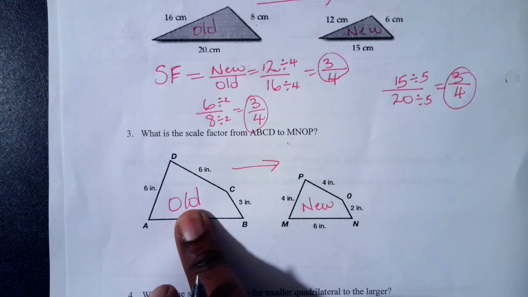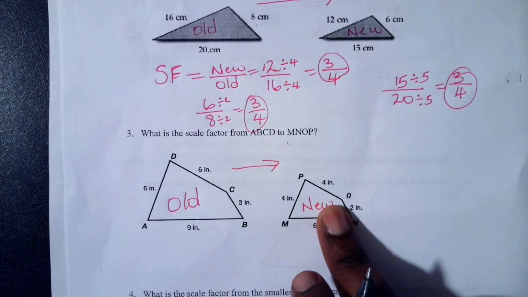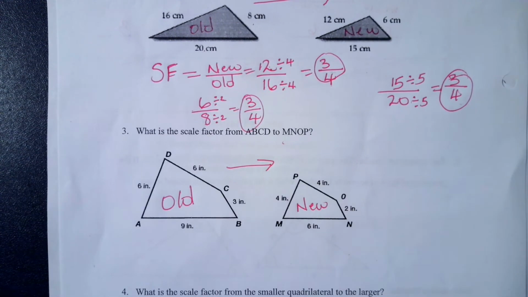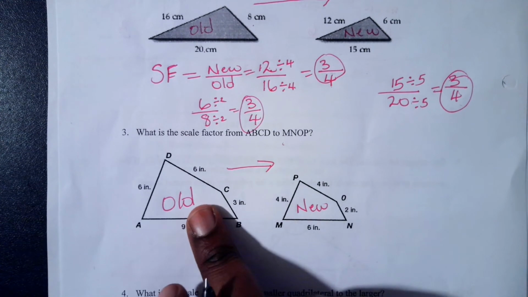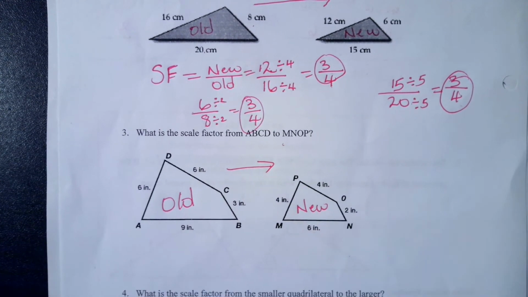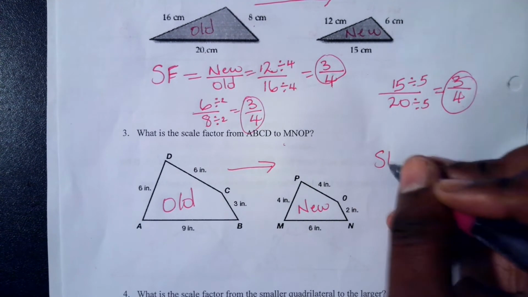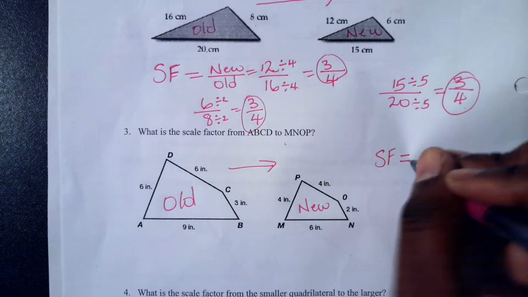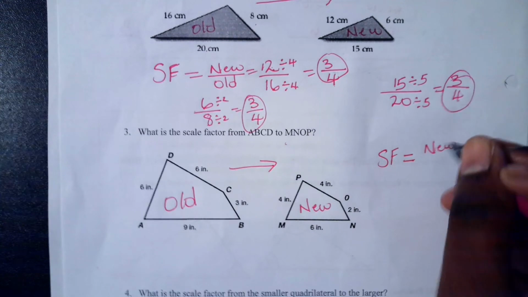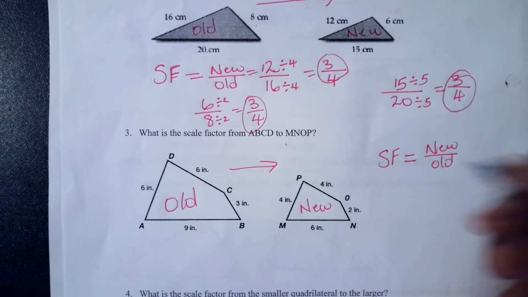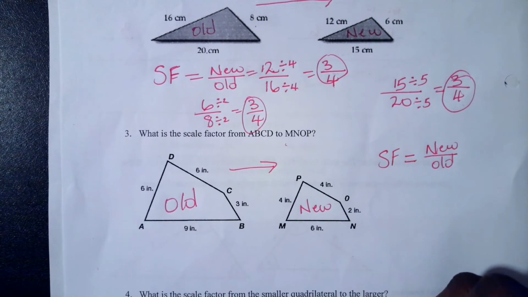Once we're moving from a large to a small, we know that our scale factor must be less than 1. What we said about the scale factor is equal to new object over the old object. All you need to do is to take corresponding sides.